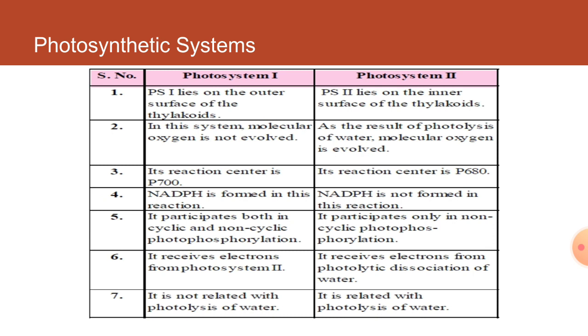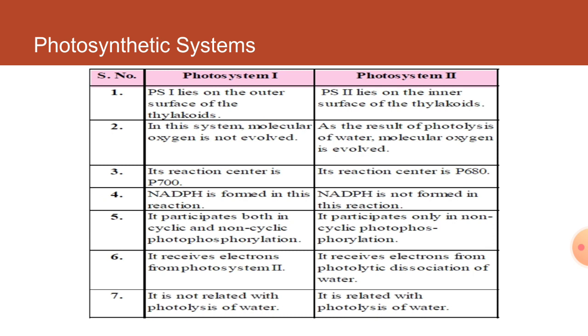Another important thing is, in photosystem 1, chlorophyll A and chlorophyll B molecules are present, about 100 in number, in a 4:1 ratio. That means out of 100 chlorophyll molecules, 80 are chlorophyll A and 20 are chlorophyll B. Whereas in photosystem 2, 250 chlorophyll molecules are present.